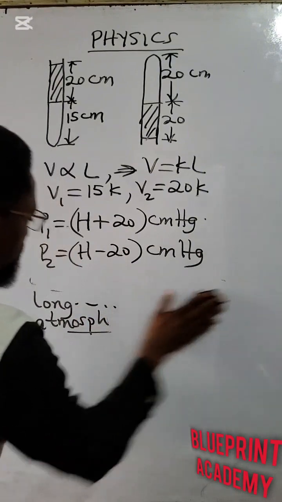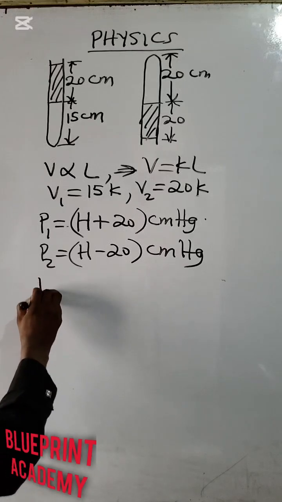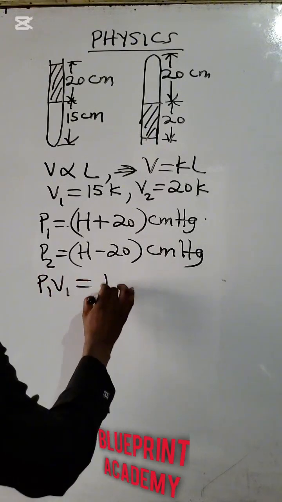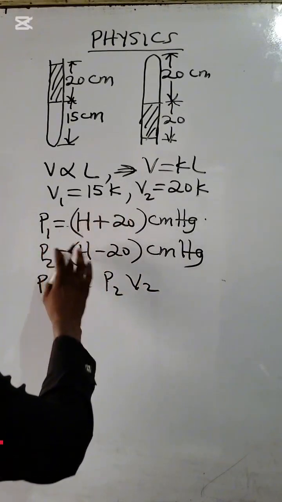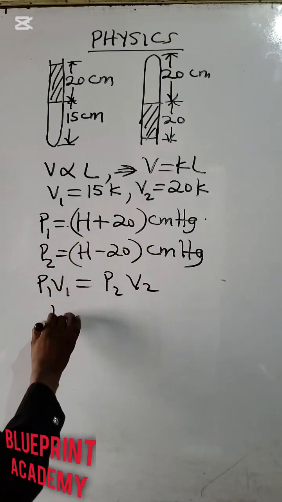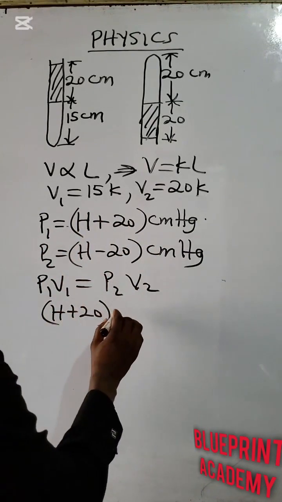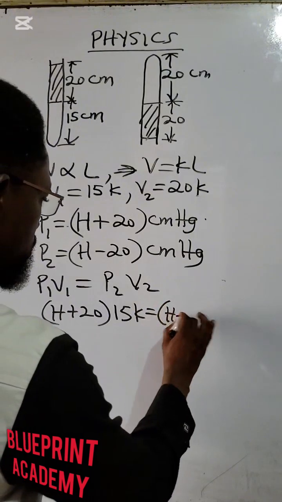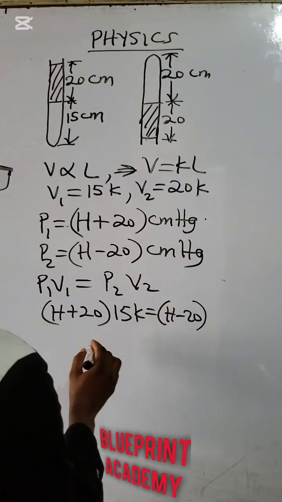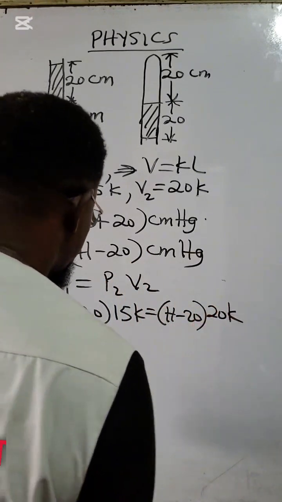So now that we have this, from the gas law, P1V1 will be P2V2. So now I have P1, which is H plus 20, times V1, which is 15K. That will be P2, which is H minus 20, times V2, which is 20K.